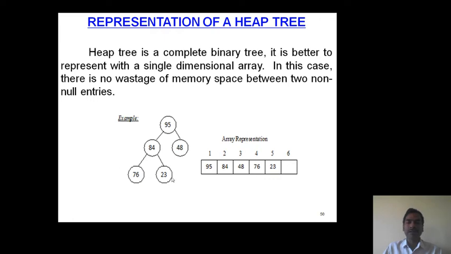For this heap tree, the array representation is 95 stored in index 1, 85 in index 2, 48 in index 3, 76 in index 4, 23 in index 5. It shows the array representation of a heap tree.